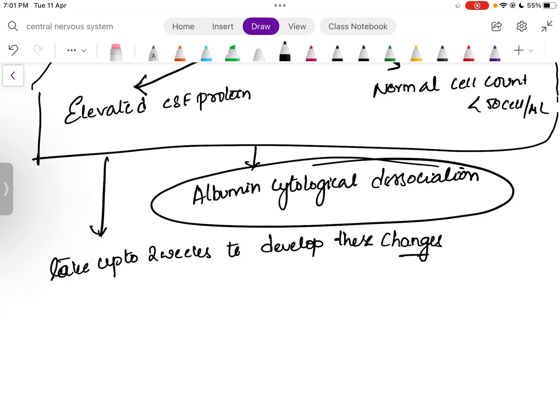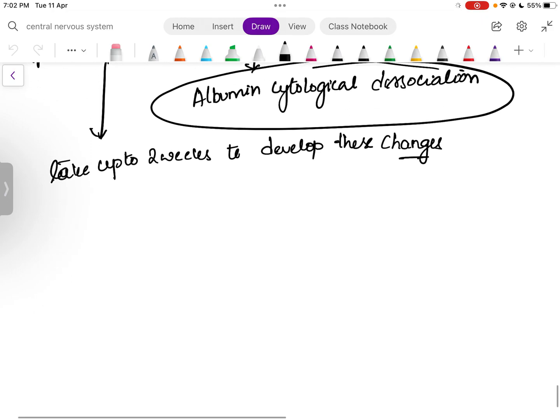In the initial phase of Guillain-Barre syndrome, there won't be elevation of protein and there won't be any change in the CSF. It will take 2 weeks.